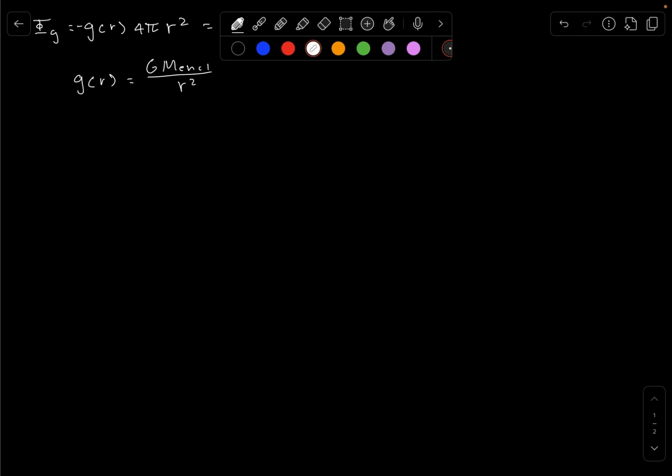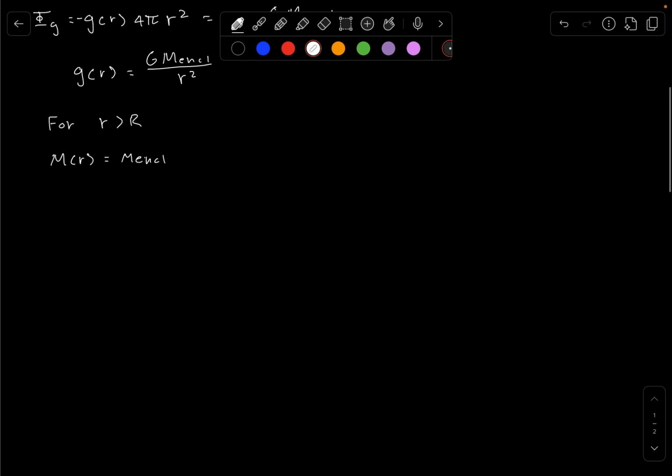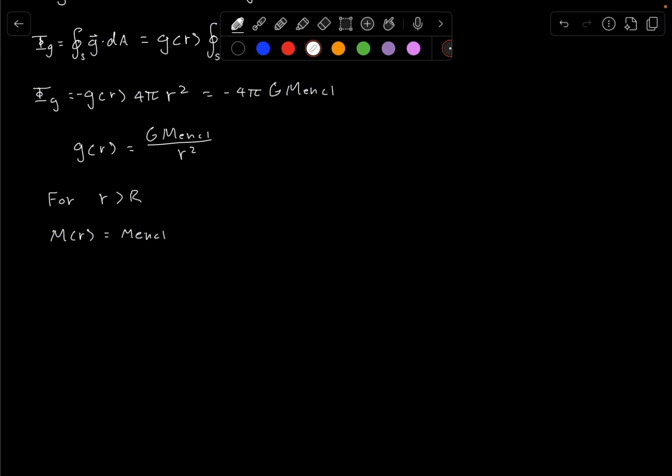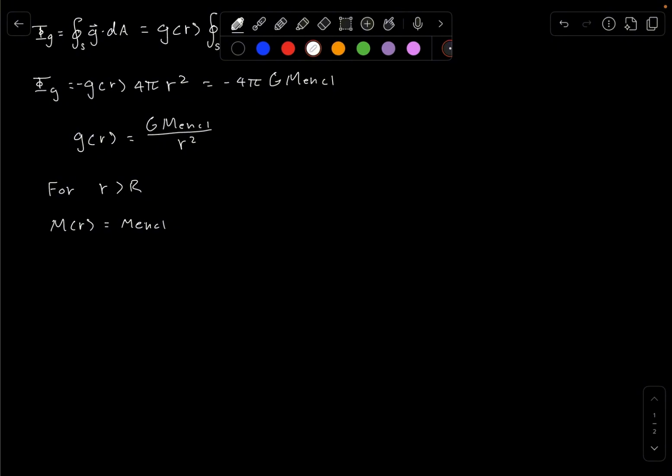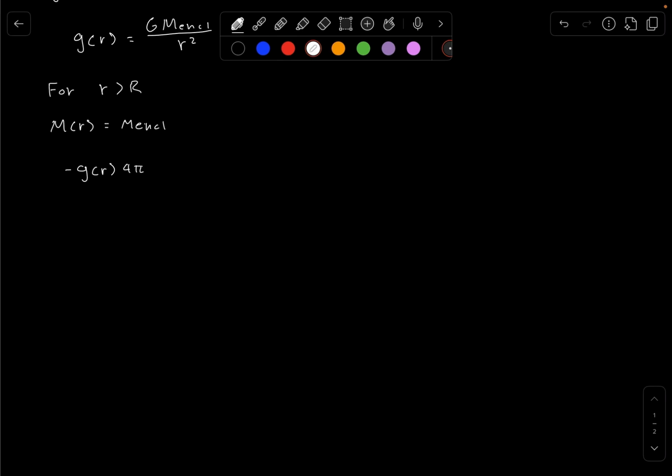Okay, so now for r greater than R, we know that m of r is just all the enclosed mass. So we can literally just solve for g of r in this equation up here. So we get negative g of r 4 pi r squared is equal to, there's a negative sign here, right?